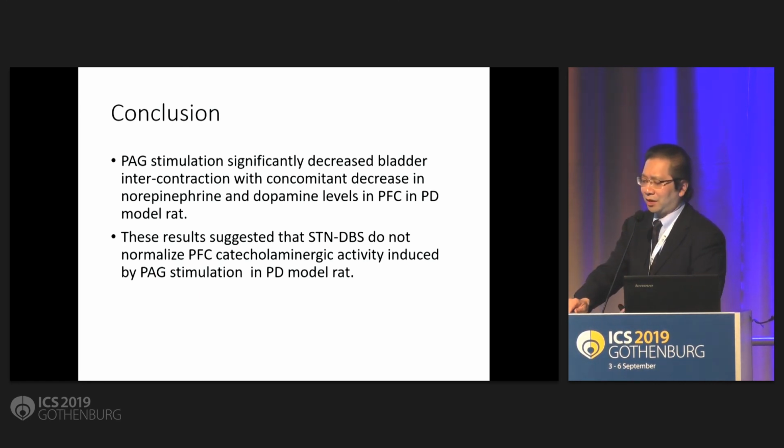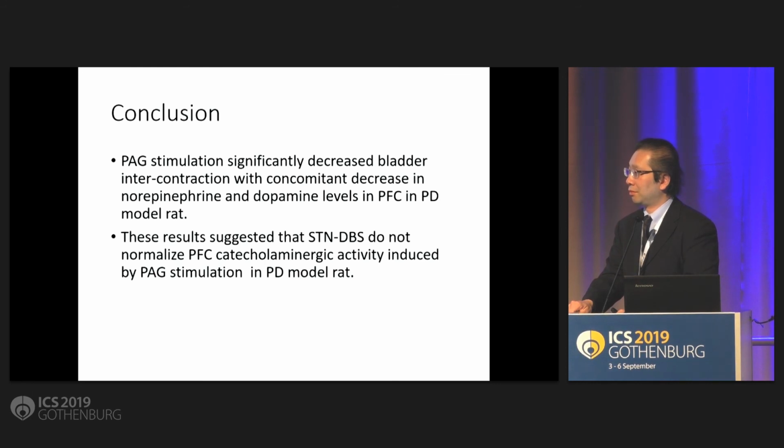So it's a very difficult question because the mechanism why STN-DBS is effective for motor complication is not well understood. So it is my future work. We have to examine further. So it contributes to our understanding of how this particular mode of stimulation works.